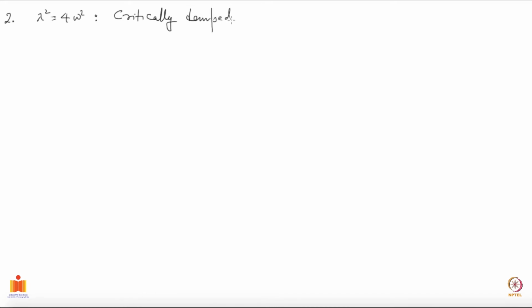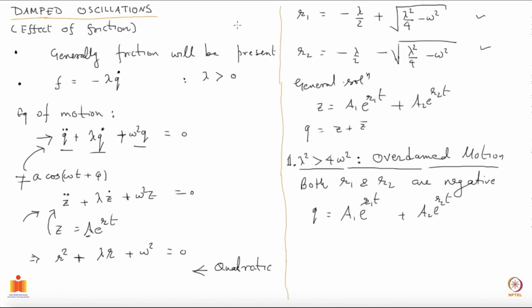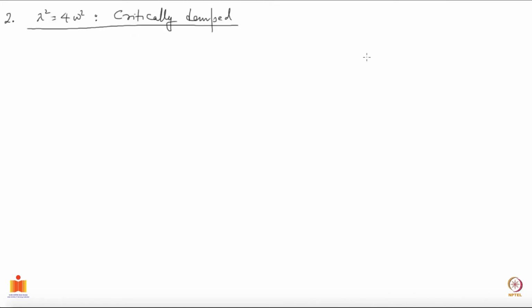Let's see what happens in this case. Our R1 and R2 are both minus lambda over 2.